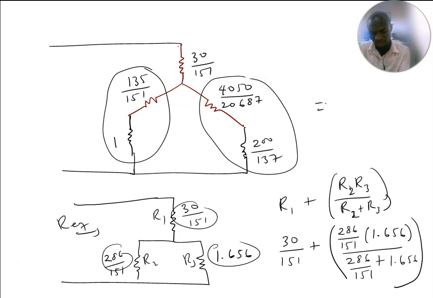So the overall solution is going to give us 1.082 ohms. I'm really tired. So that's going to be the equivalent resistance.